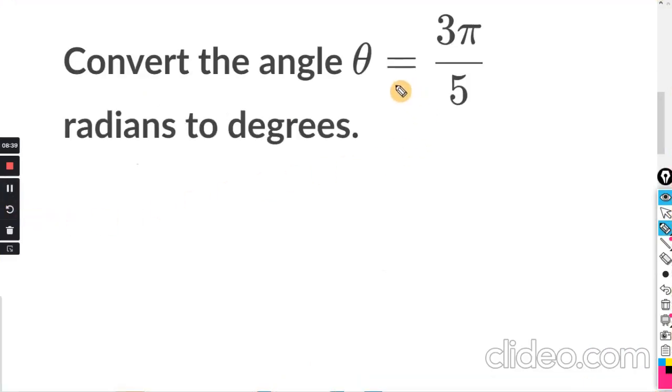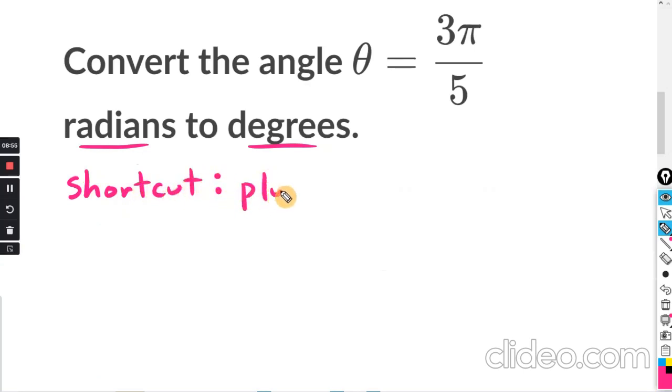Okay, here they want us to convert theta equals 3 pi over 5 radians to degrees. So for radians to degrees, we have a shortcut method. And that's going to be plug in 180 in place of pi.